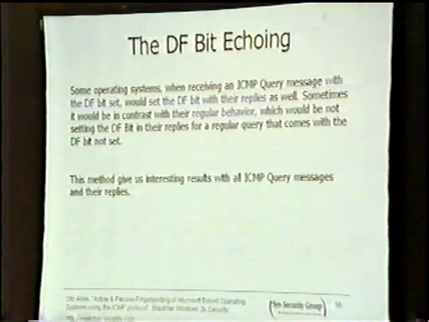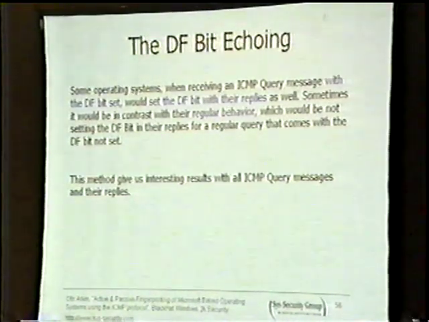Another nice thing we can do is set the don't fragment bit with our requests and see what happens. Will the operating systems that we query set this bit and echo it back to us? There are three operating systems that will set the don't fragment bit by default when you query them.